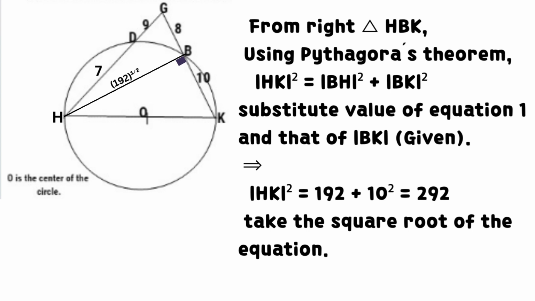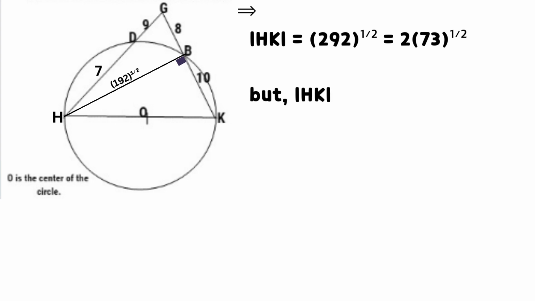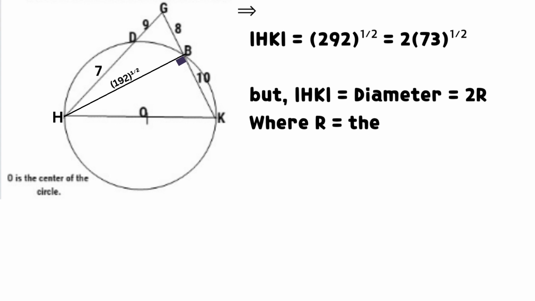Take the square root of the equation. It implies that HK equals the square root of 292, which equals the product of 2 and the square root of 73.